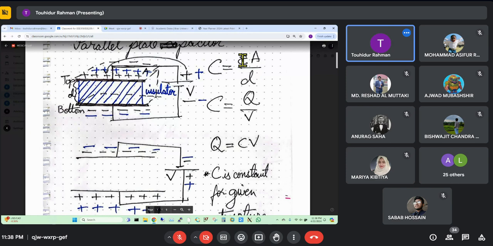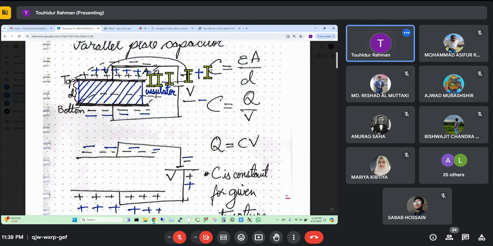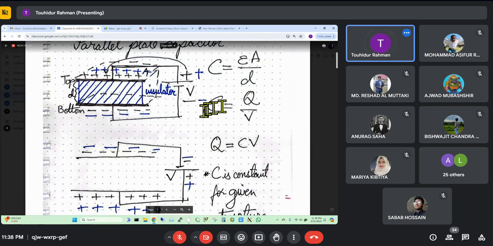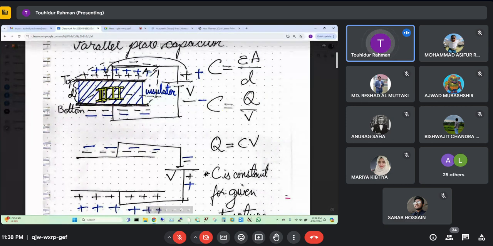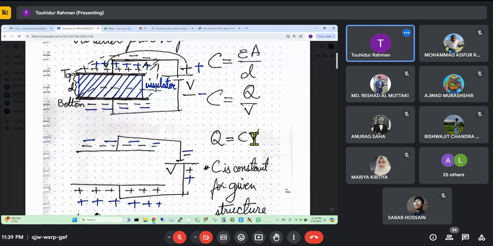Dielectric constant is a universal constant. A is the area of the metal. For a given structure, A is constant and d is the distance between the metals, and for a given structure, d is also constant, which means C is a constant because all the terms in this equation are constant. So as a result, C is the constant.